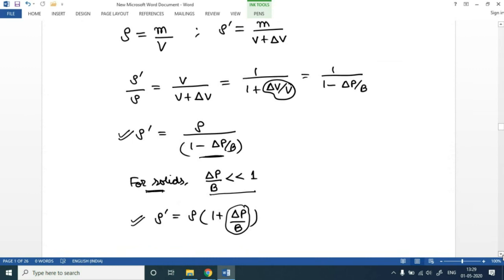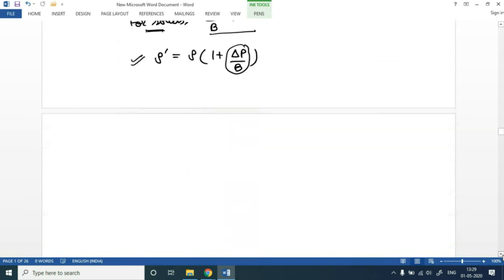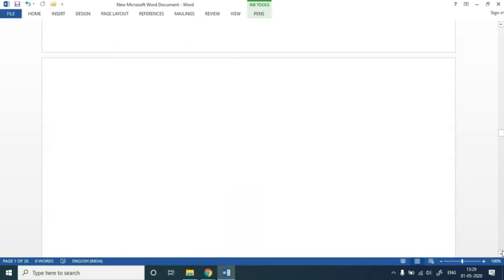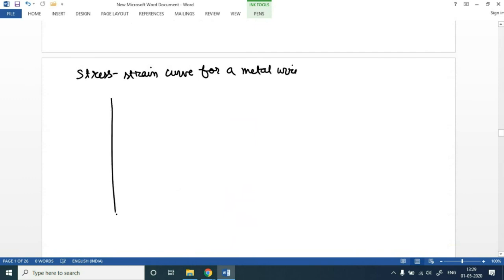And another aspect of the theory of this elasticity chapter, a very important point I'm going to discuss over here, is the stress strain curve for a metal wire. Okay, so let's draw a stress strain curve, that is, sigma versus epsilon.